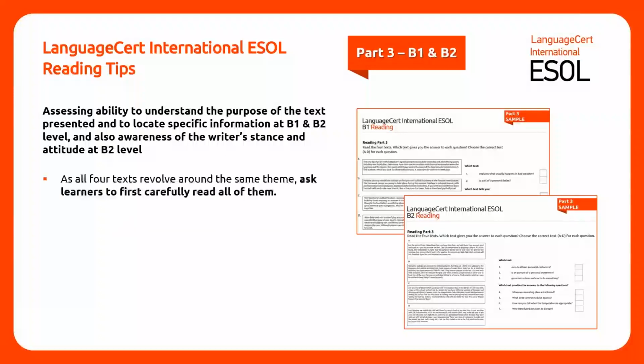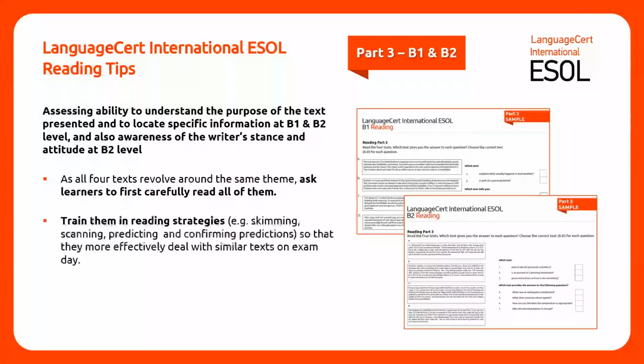As all 4 texts revolve around the same theme, ask learners to first carefully read all of them. Train them in reading strategies, for example, skimming, scanning, predicting, and confirming predictions, so that they more effectively deal with similar texts on exam day.